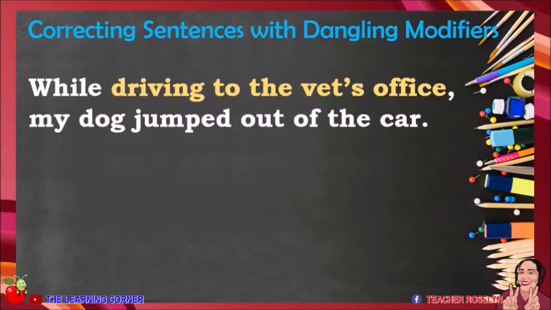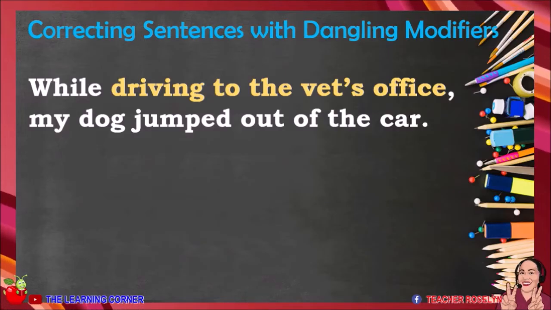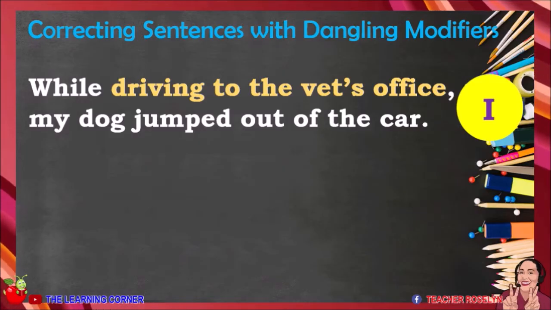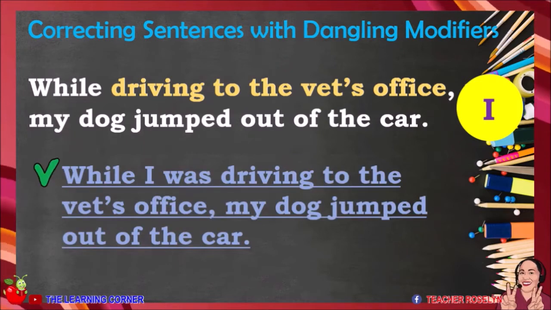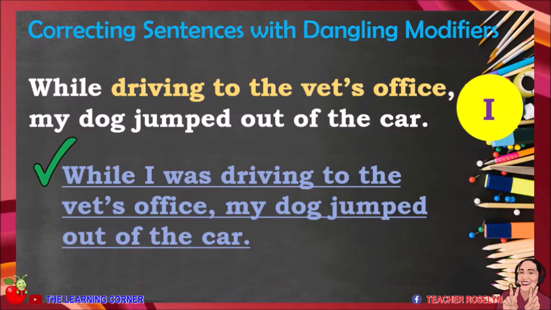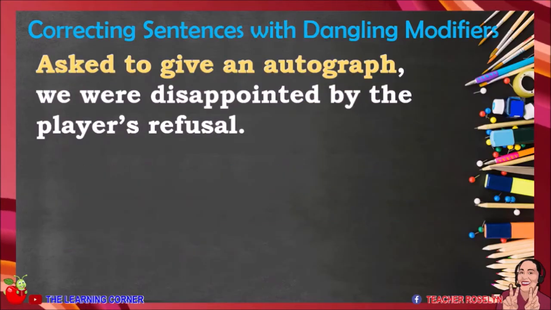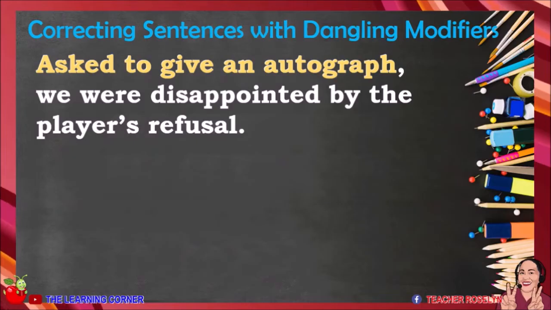While driving to the vet's office, my dog jumped out of the car. The modifying phrase, driving to the vet's office, refers to the word I. So, the corrected sentence will be, while I was driving to the vet's office, my dog jumped out of the car. Asked to give an autograph, we were disappointed by the player's refusal.